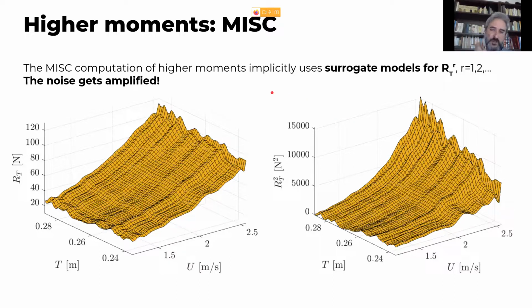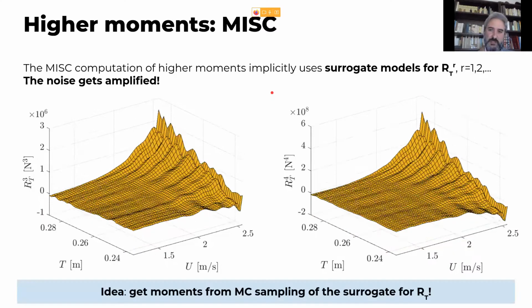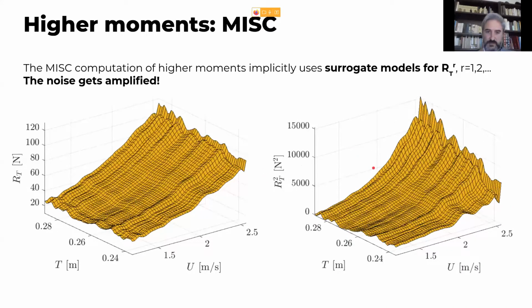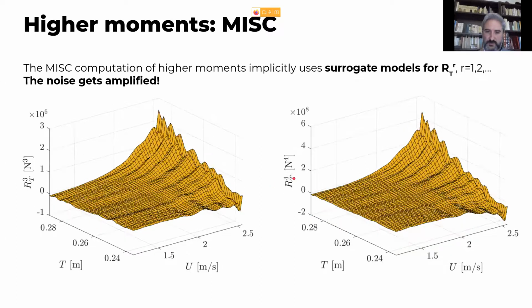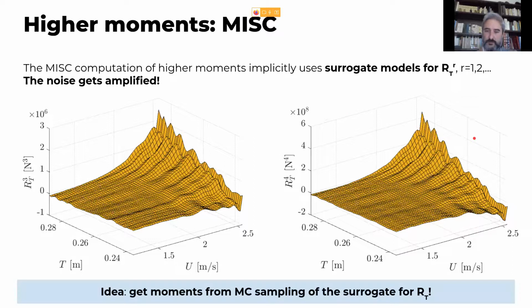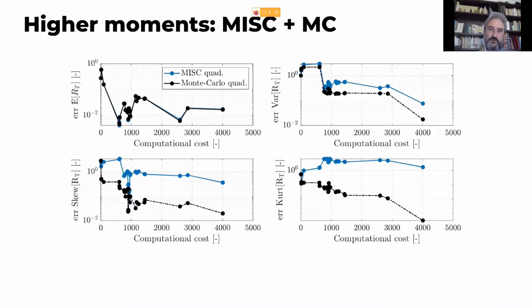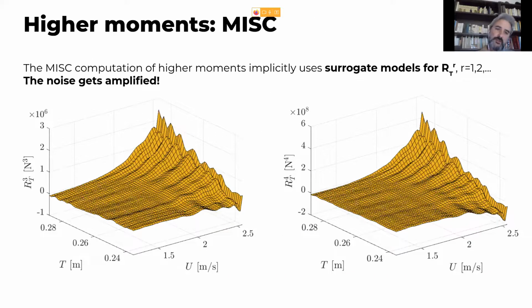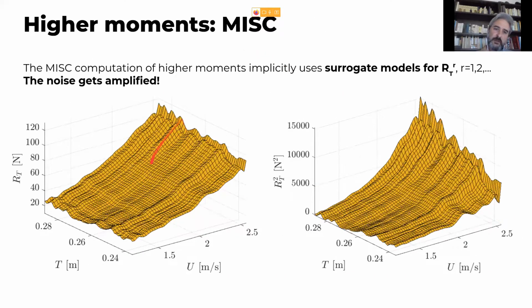So here you see again the response surface for the second order, and this is the response surface for the fourth moment. Really off. So if you really want to do computation of moments, an idea would be, instead of using the sparse grid quadrature on the samples that you get, to do a Monte Carlo sampling of the initial response surface.